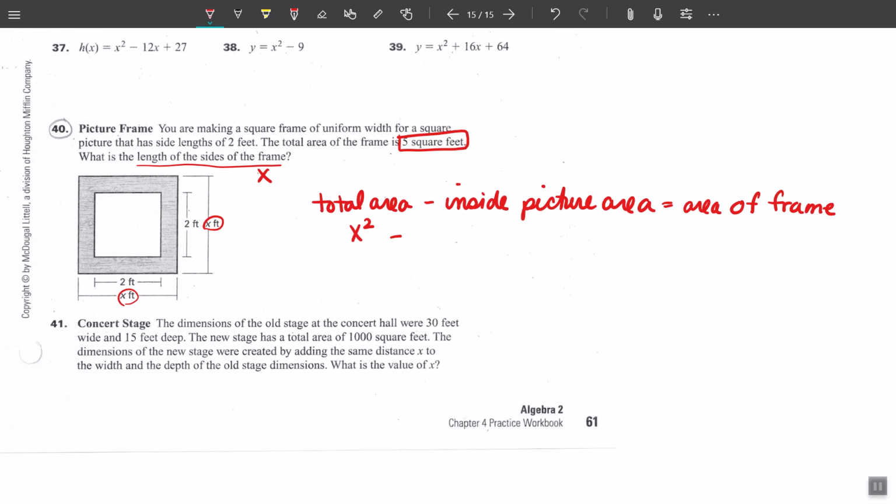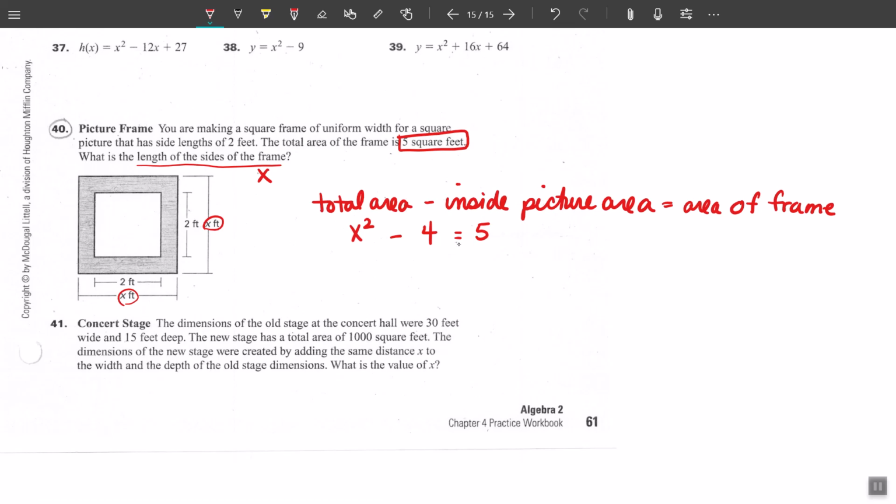So the inside picture area is 4 feet squared. I'm going to leave the labels off for now. So I'm doing 2 times 2. I take the whole thing, subtract 4 from it, and I should get 5, because they told us the area of that frame. So I'm just using this equation to fill in the numbers we know.